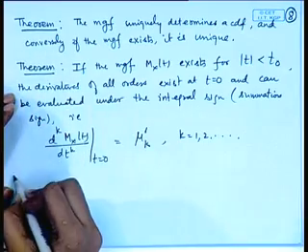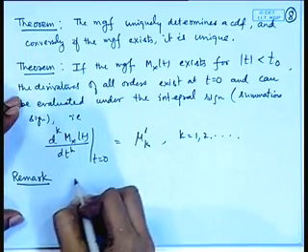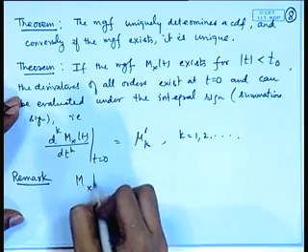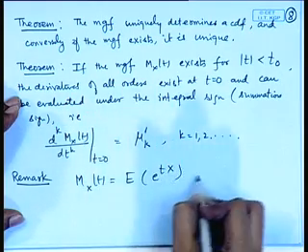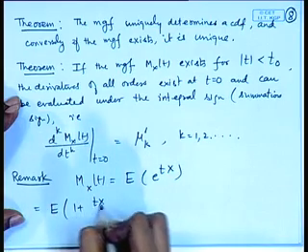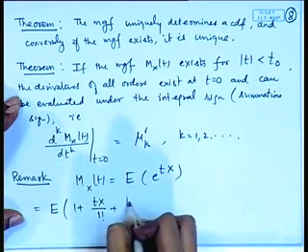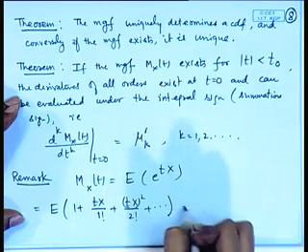You can see this fact. If I say that the moment generating function exists, then I can consider the expansion of e to the power tx in a Maclaurin series as 1 plus tx by 1 factorial plus t square x square by 2 factorial and so on.